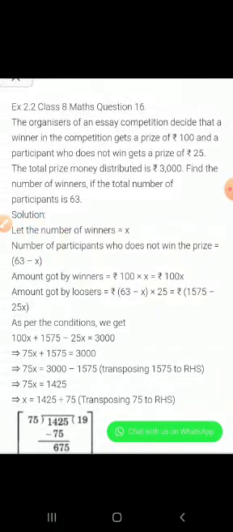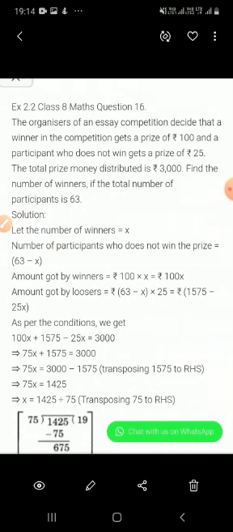Last question for this exercise, and the exercise will be over. The organizer of an essay competition decided that a winner in the competition gets a prize of rupees 100. An essay competition is there, and one who is going to win the competition will get rupees 100 as prize.